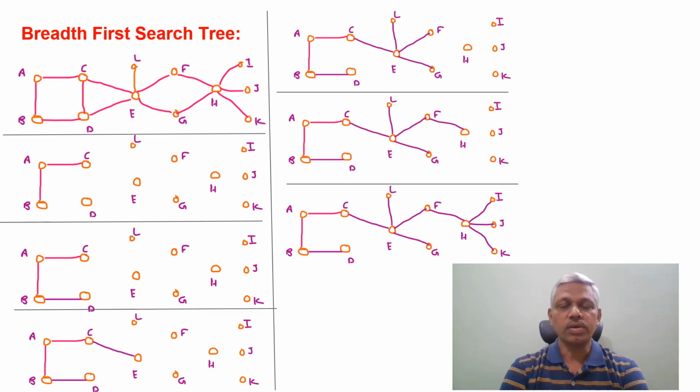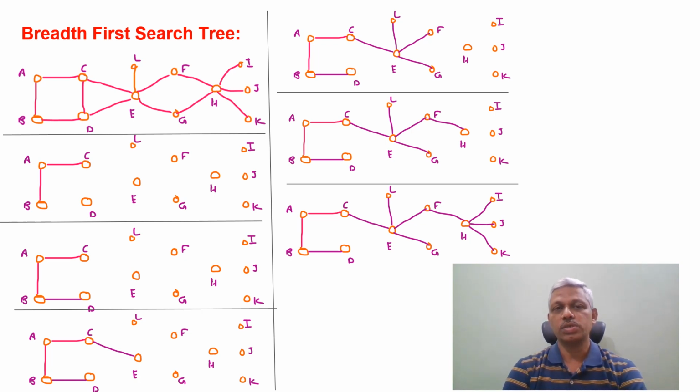So moving forward, at level 3, E is present, and only one vertex is present at level 3. Now, 3 vertices are adjacent to vertex E, and F, G and L are the vertices. So add those edges, and again adding those edges is not going to create a cycle. Then come to level 4. At L there is no edge.